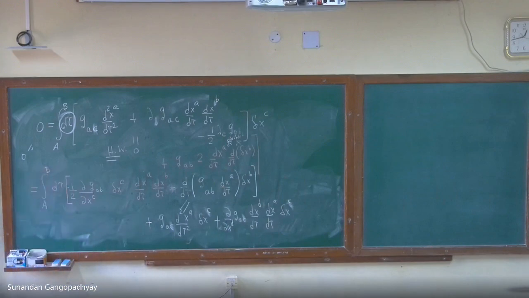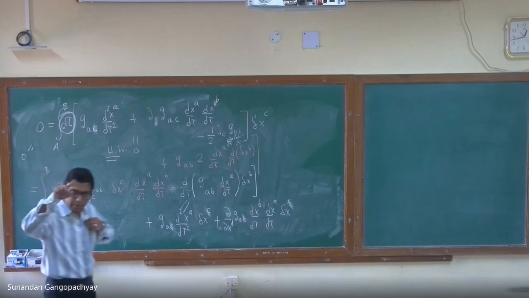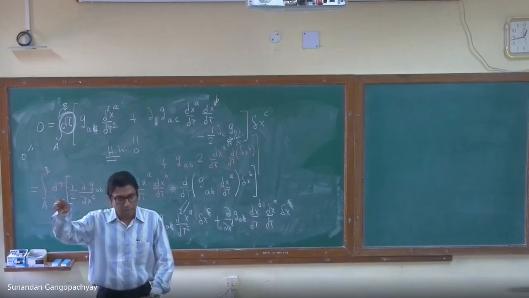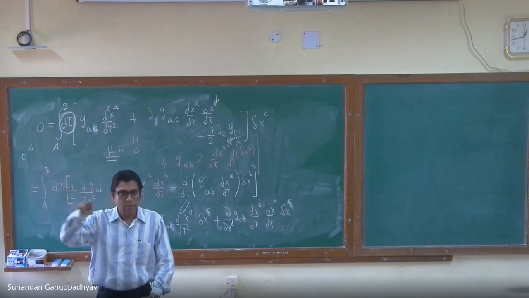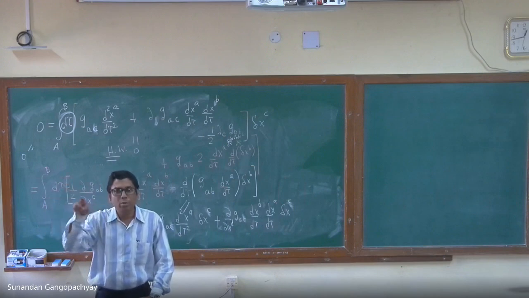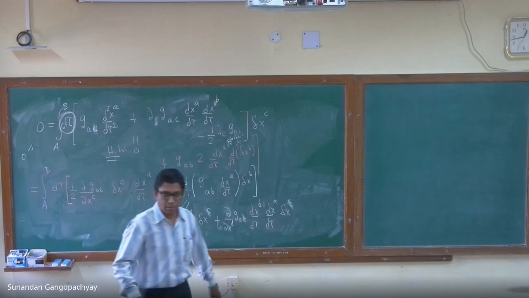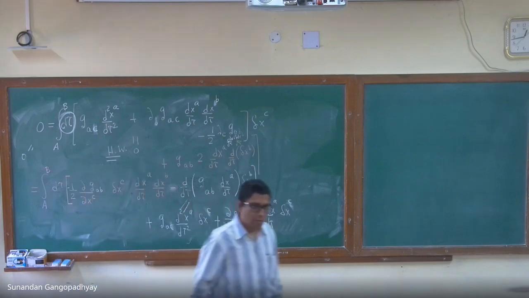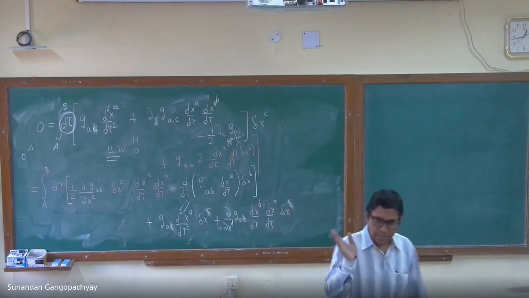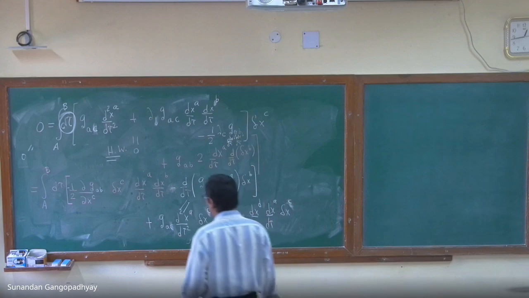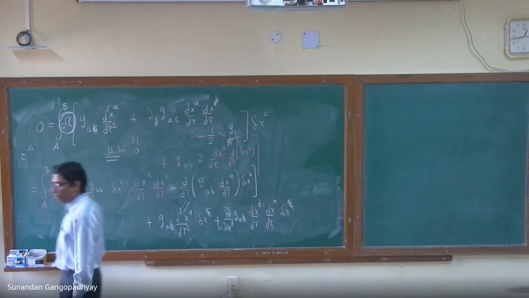Because d tau d lambda is equal to square root of GAB dxa d tau dxb d tau, those are UA UB. So GAB UA UB is equal to 1. Therefore, out of the 4 degrees of freedom, 1 gets cancelled due to the constant, so you have 3 degrees of freedom. That is what it should be.